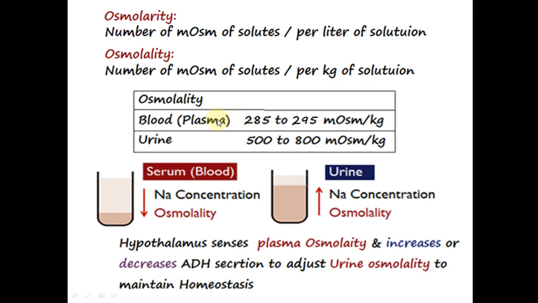The normal blood osmolality is 285 to 295 milliosmoles per kilogram, in between 285 and 295, below 300 milliosmoles per kilogram. While in urine, the normal osmolality is 500 to 800 milliosmoles per kilogram.